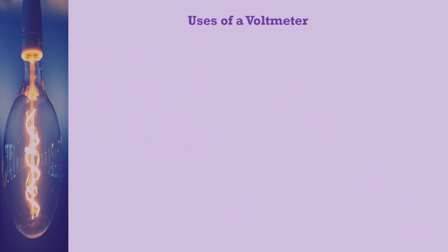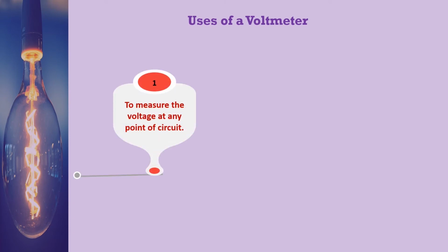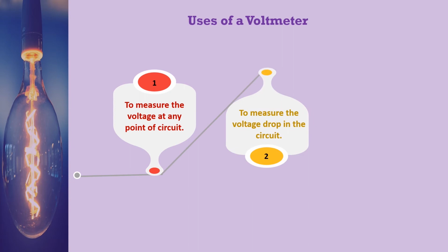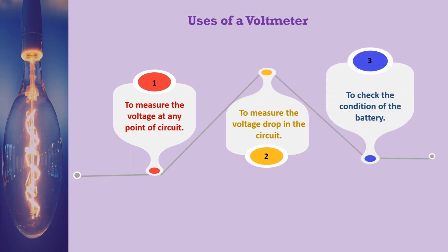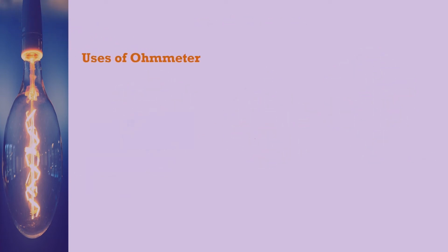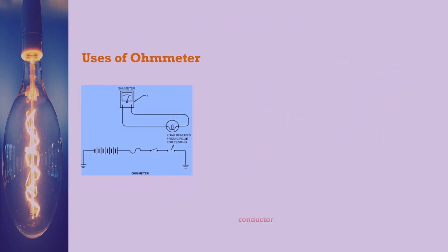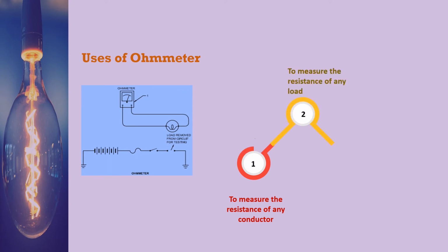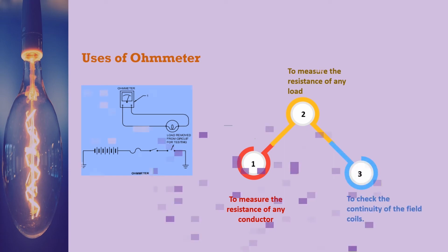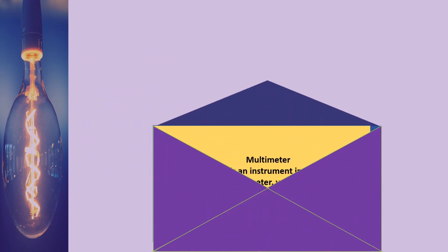Uses of a voltmeter: to measure the voltage at any point of the circuit, to measure the voltage drop in the circuit, to check the condition of the battery. Uses of ohm meter: to measure the resistance of any conductor, to measure the resistance of any load, to check the continuity of the field coils. Multimeter.